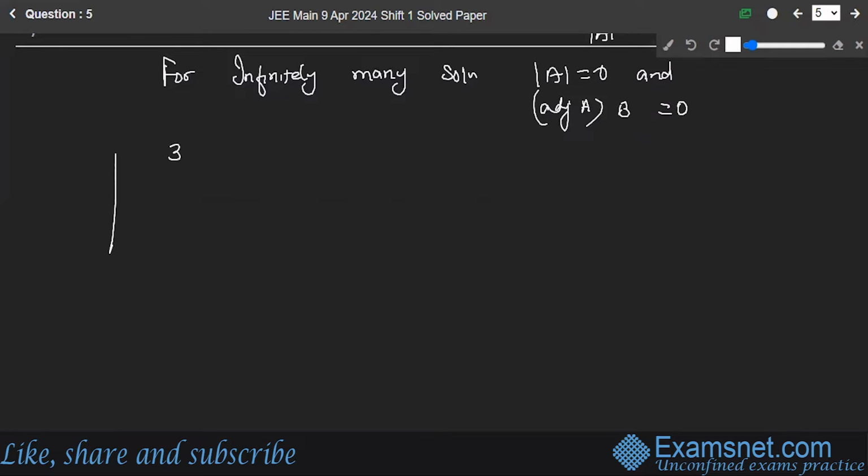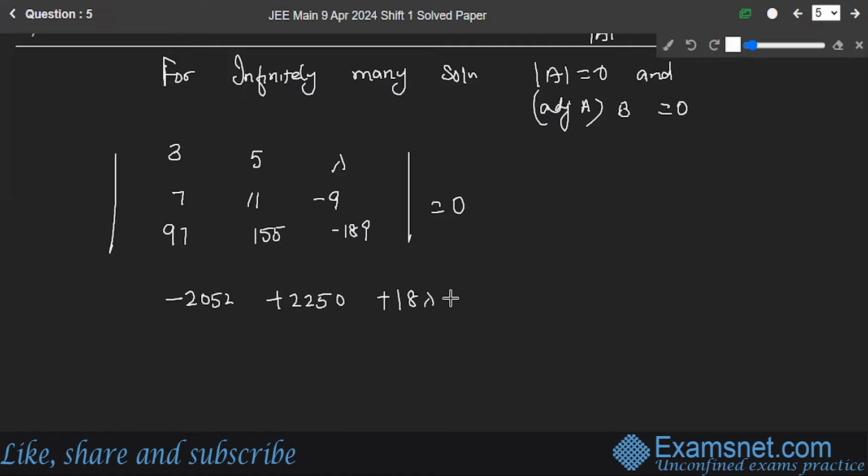So that gives you the determinant of 3, 5, lambda, 7, 11, minus 9, 97, 155, minus this, equal to 0. On solving, you will get minus 2052 plus 2250 plus 18 lambda is equal to 0, and you will get minus 11 as the value of lambda.